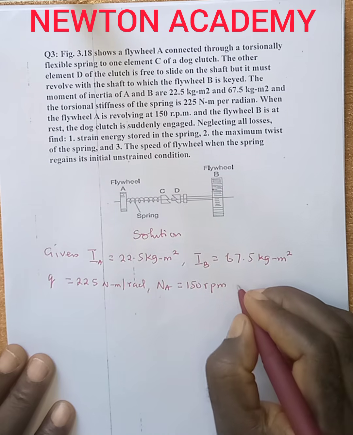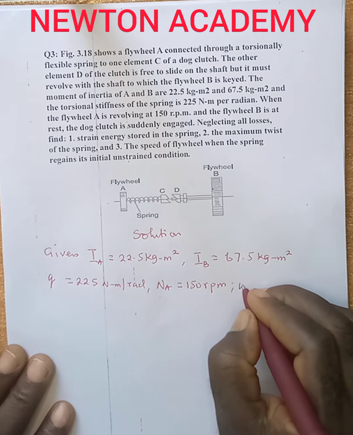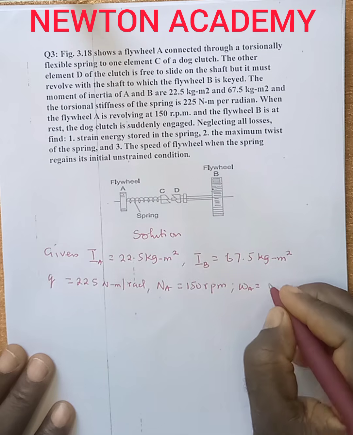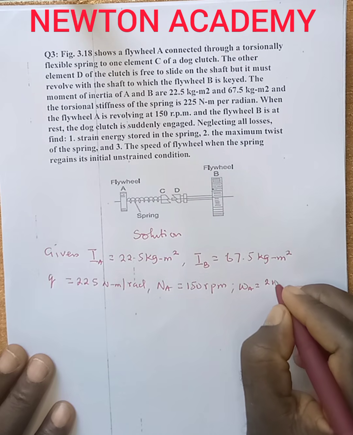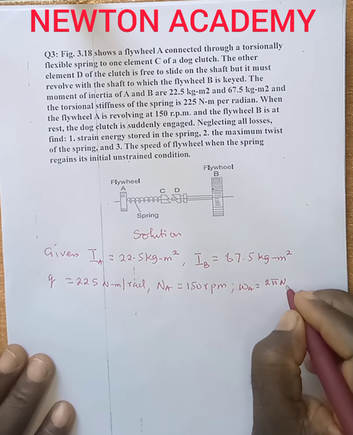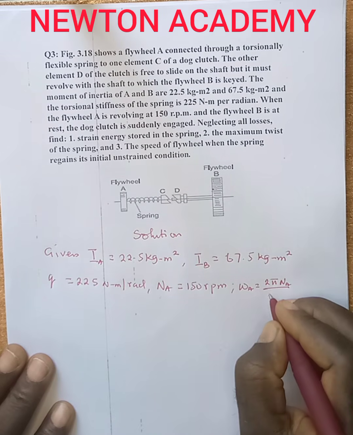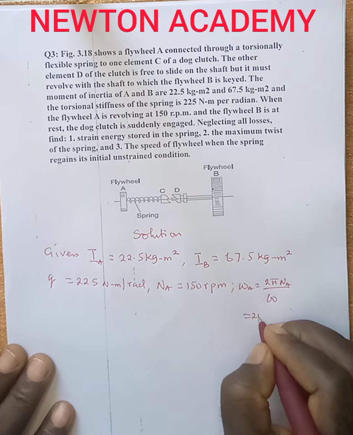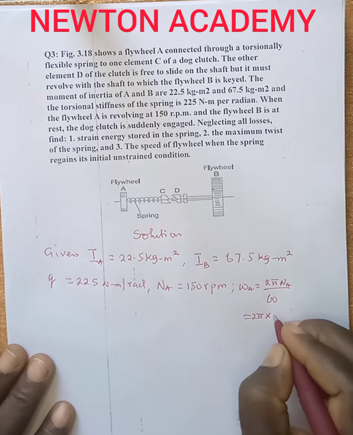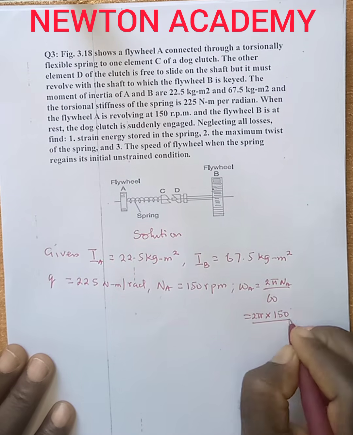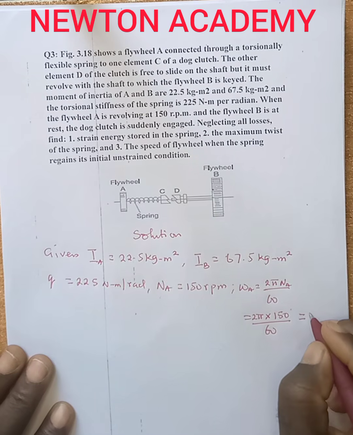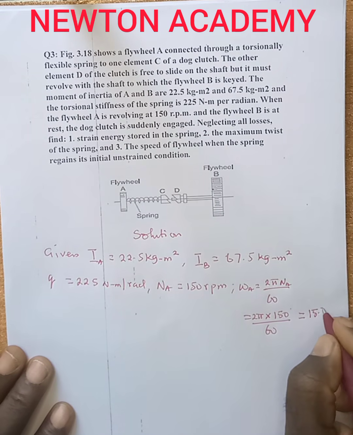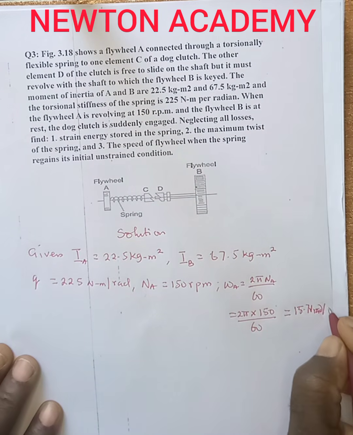Converting this to radian per second, we have the angular velocity to be 2 pi NA over 60, and this will be 2 pi multiply 150 over 60, and this gives 15.71 radian per second.